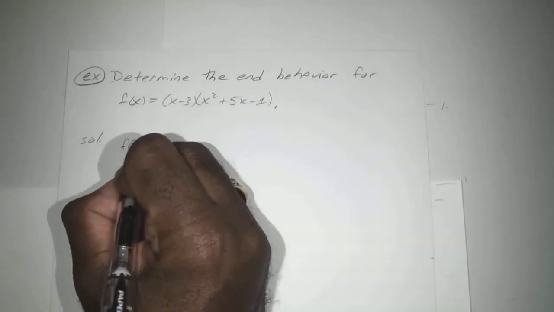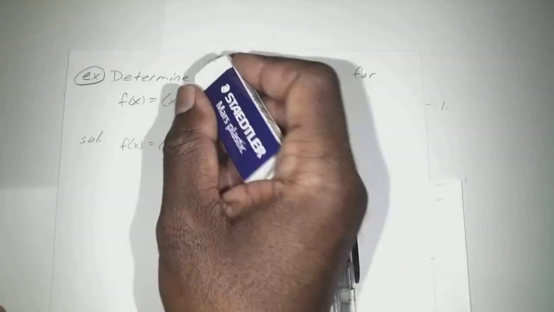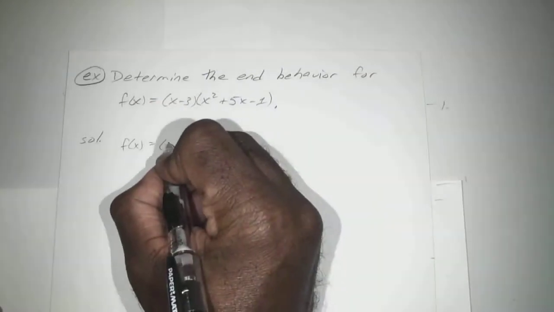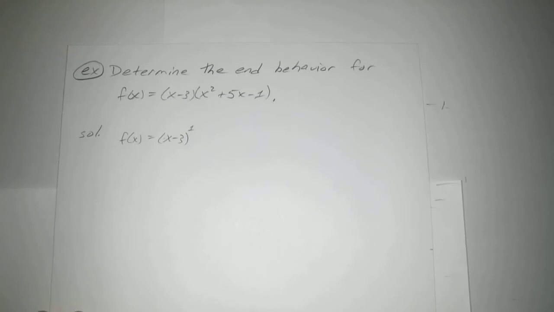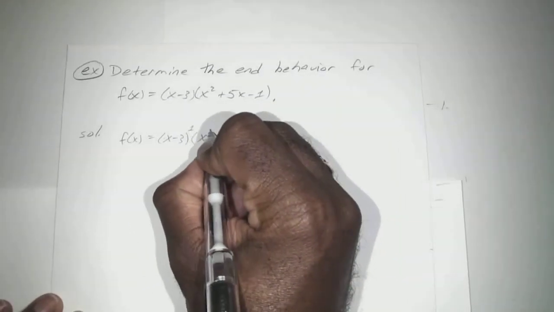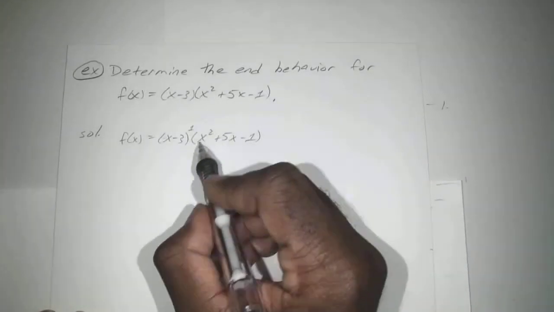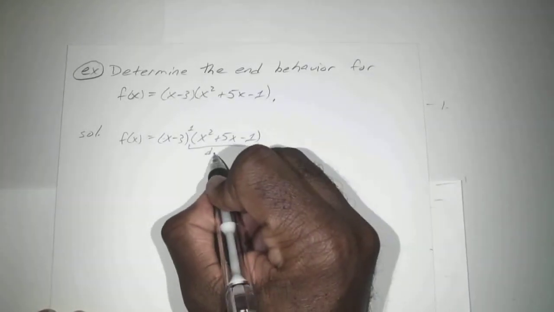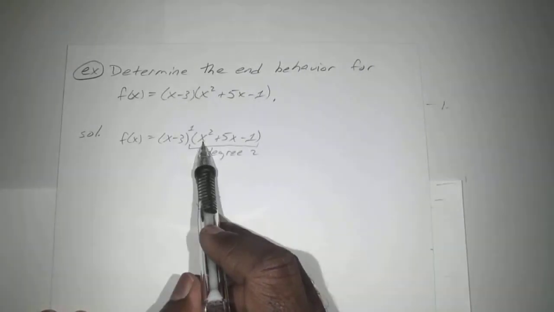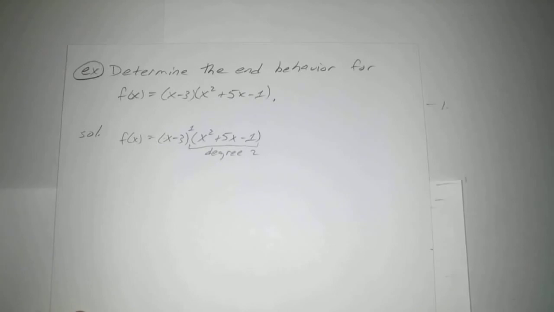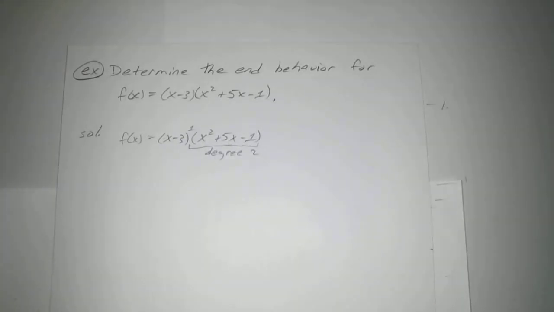So if you have f of x equals x minus 3, remember that's just (x minus 3) to the first power. And x squared plus 5x minus 1, this itself is just degree 2. If we did factor that one out, you'd have 3 factors.